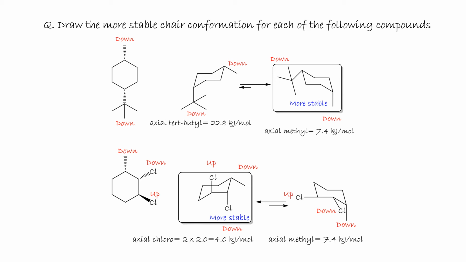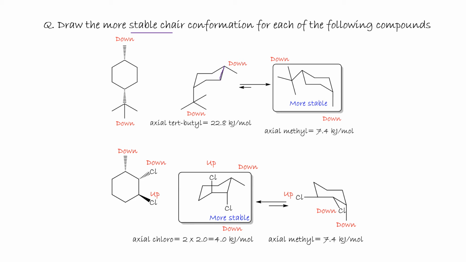Draw the more stable chair conformation for each of the following. Here I have a methyl group down and tertiary butyl down.